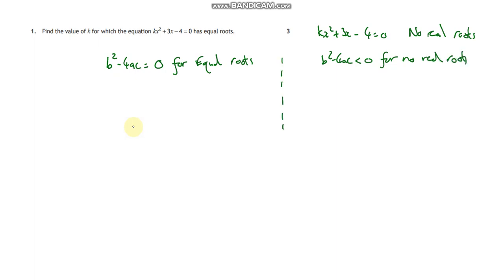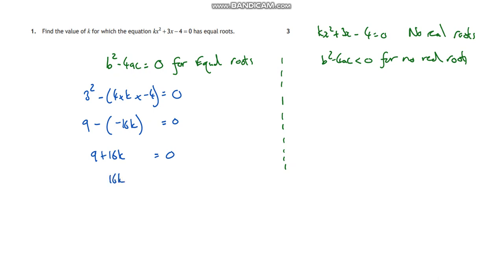So all we have to do is substitute in to begin with. So my b squared, that's going to be 3 squared, take away, and get this in a bracket, 4 times k times negative 4. So that's 9 take away negative 16k is equal to 0. So I've got 9 plus 16k is equal to 0. So 16k is negative 9. So k is negative 9 over 16.